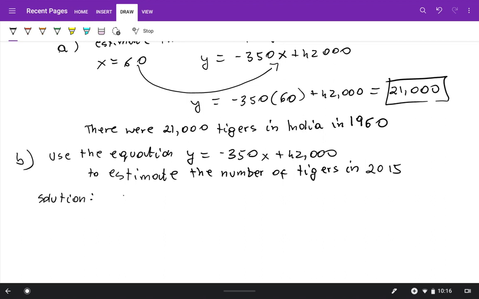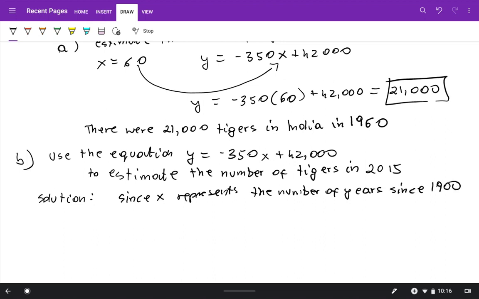So just remember that since x represents the number of years since 1900, so we have the year 2015. So our x, which we're plugging into the equation, will be 115.